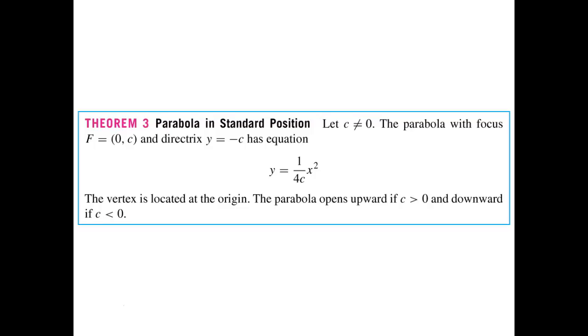Okay? Vertex is located at the origin. The parabola opens upward if c is positive, opens downward if c is negative. Okay? Because if it's negative, you just flip these two. Focus is minus c, and hang on to that. y is by itself on one side, x squared is on the other side. You will see things that look like that. Okay?